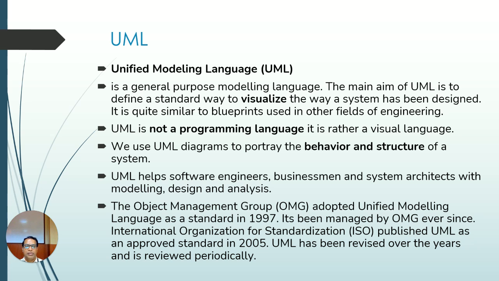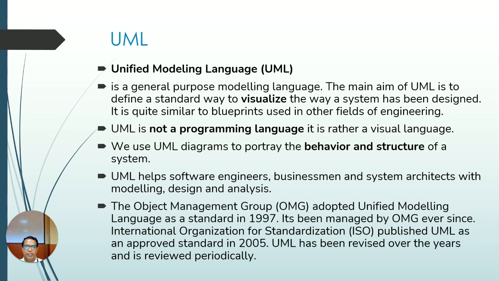Here we are going to look at several categories, or types, of diagrams which serve this purpose. We have a few details about UML in terms of the introductory aspects, what every learner should know about it, and where it originated. As given here, it originated from three categories of people in the software development environment: the software engineers, businessmen, and system architects.